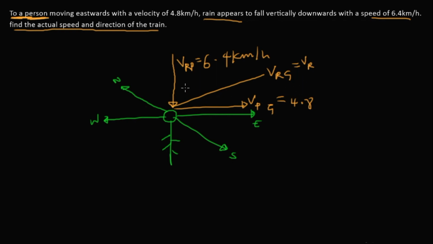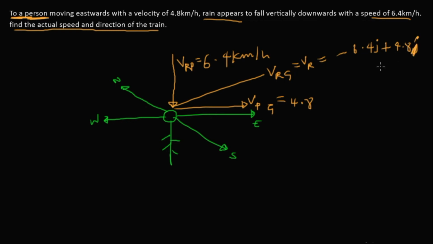Since this is along the negative y-axis, I can write it as minus 6.4j. Then this is along the positive x-axis, so I can write it as plus 4.8i.